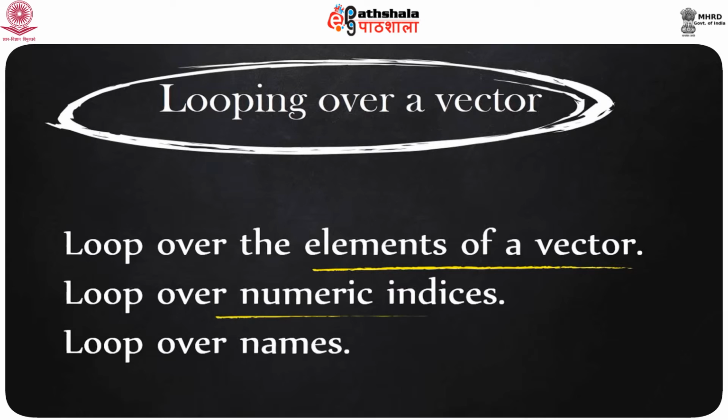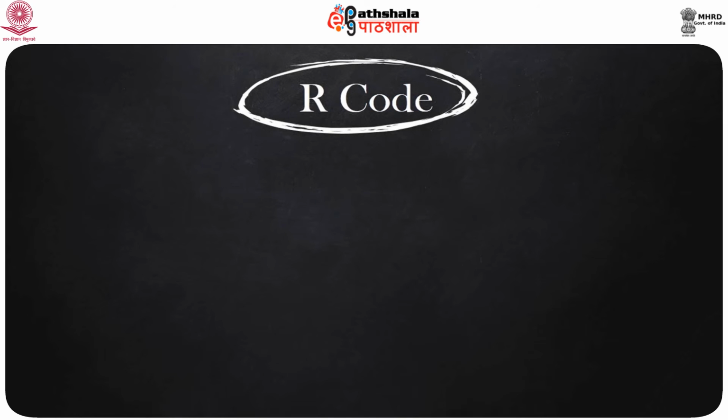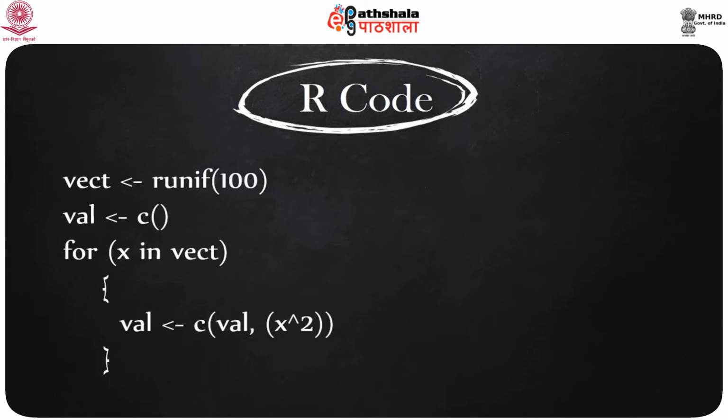Now let's take up the first form. Here we are considering a vector of length 100. Next, we are constructing a for loop where the loop is built over the elements.